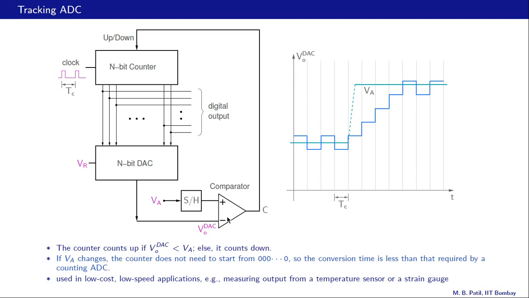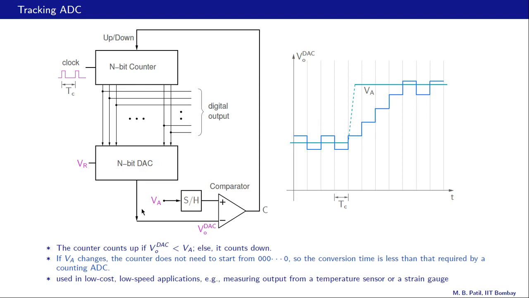Now for the comparator, V plus is the input analog voltage VA after sample and hold, and V minus is the same as VO DAC, the output of the n bit DAC. Alright, let us take an example. Say VA is larger than VO DAC, then C would be 1, and that signals the counter to count up. Then the count increases and VO DAC increases.